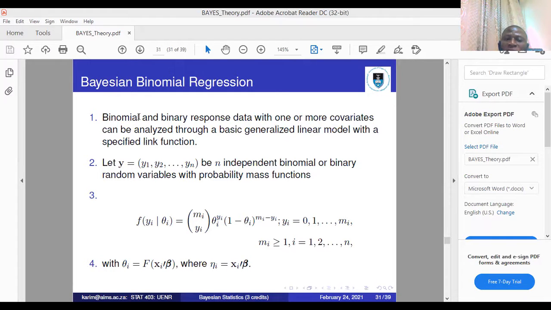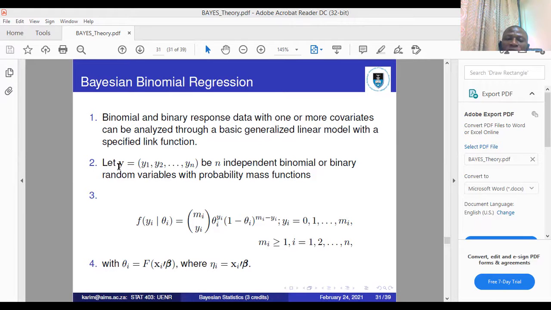So we are saying that binomial and binary response data with one or more covariates can be analyzed through a basic generalized linear model with a specified link function. We use the logit link function to describe the binomial distribution. The logit link function.